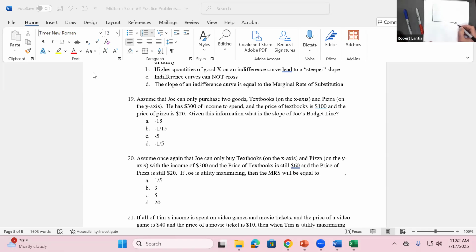Textbooks on my x-axis, pizza on my y-axis. I'm told the price is 60, 20, income is 100. So let me just write this out. Income 100 before we switch back. So price of textbooks is 60, price of pizza is 20.